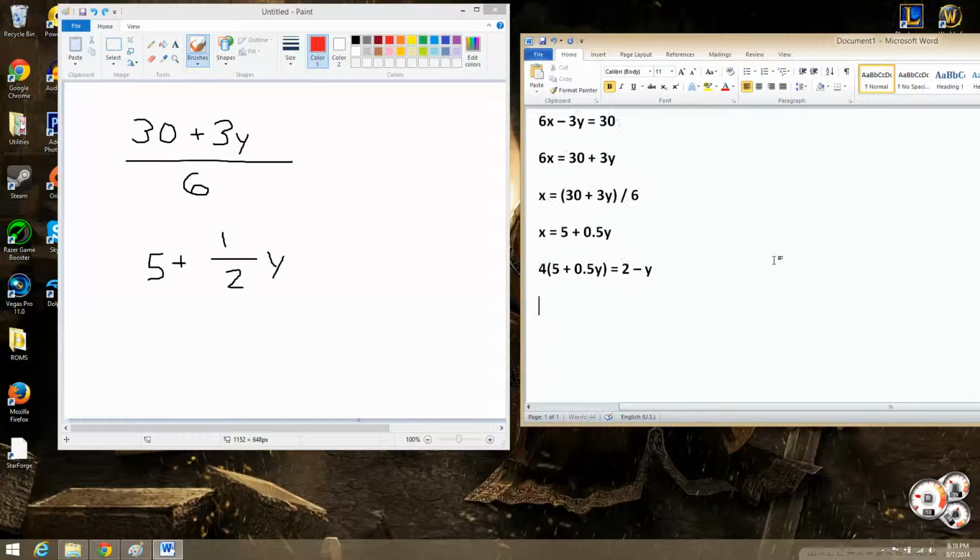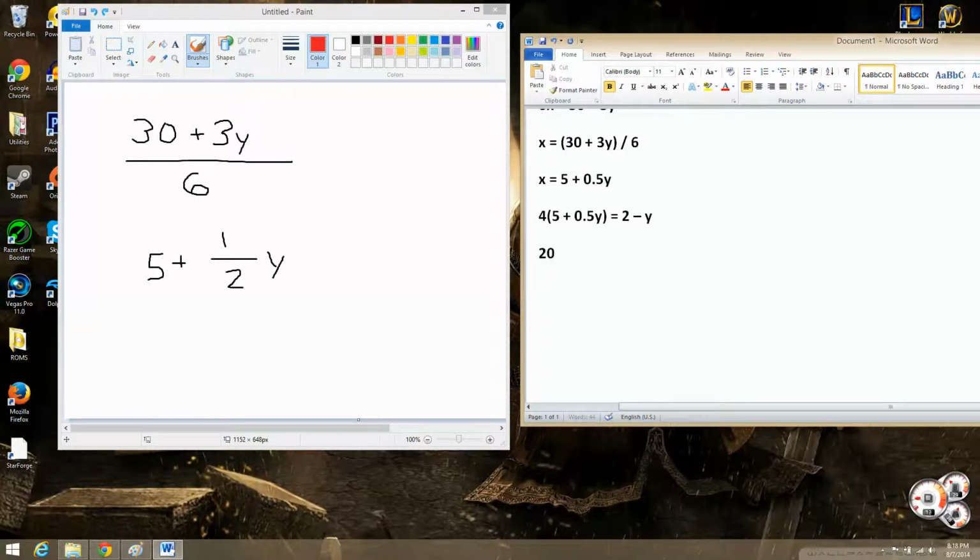And from here, you just do regular calculating. 4 times 5 is 20. 4 times 0.5 is 2. So it would be 20 plus 2y equals 2 minus y.